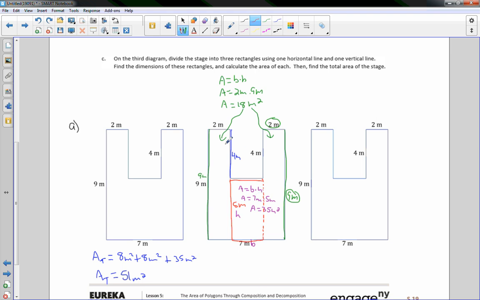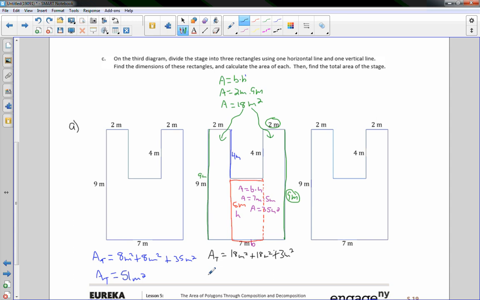Okay, so I found these two rectangles to be 18 meters squared each, and this piece here is 35 meters squared. So now I'm going to do my calculation at the end. Use black. Area total equals 18 meters squared plus 18 meters squared. Okay, so the area of this rectangle here is 35 meters squared.